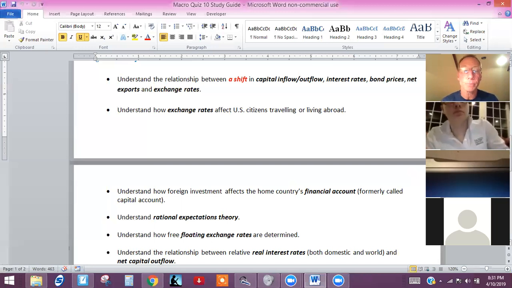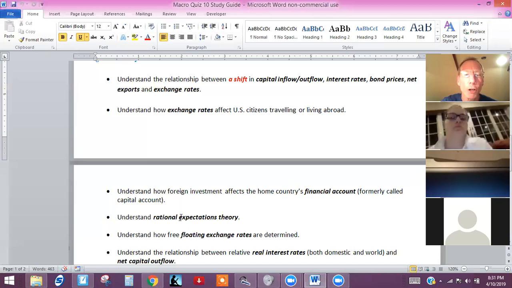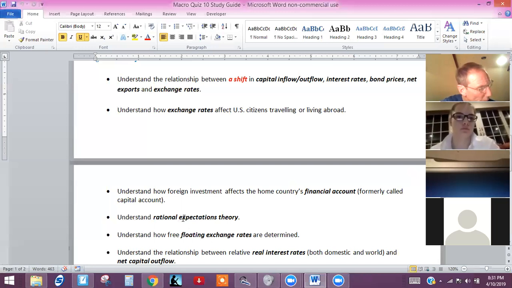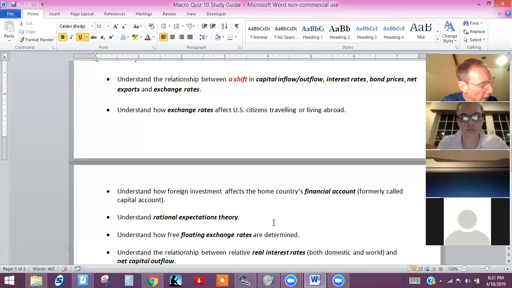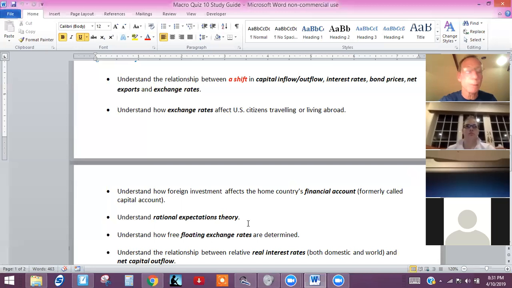Okay. Now this is one that we had earlier, and I wanted to talk about it a little bit more because I don't think I explained it very well. This idea of rational expectations.